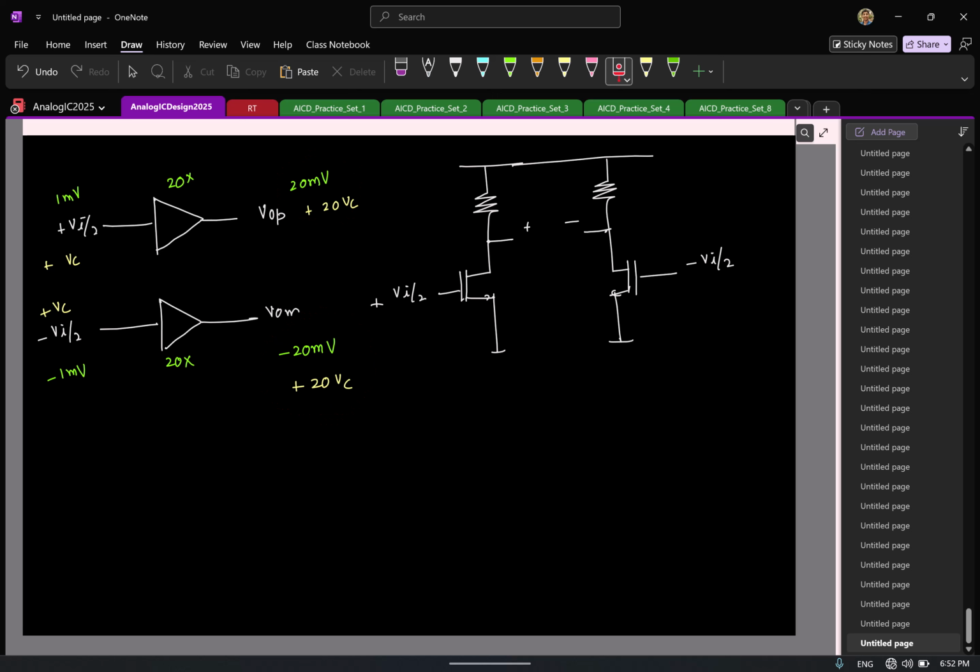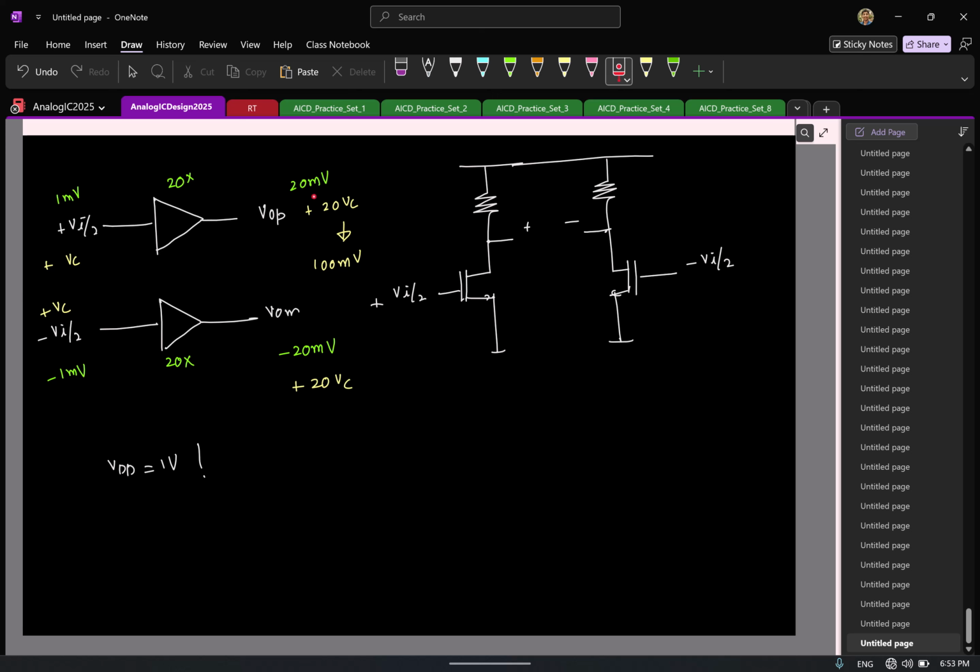But the unfortunate problem is the following. Let us say this Vc is, for example, 100 millivolts. What will happen to 20 times 100 millivolts? Now your supply is, let us say, only 1 volt. What will happen to the output now? Output will easily saturate. Remember, this output is not saturating because your actual signal is large.